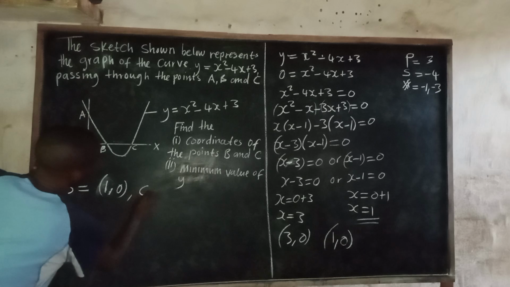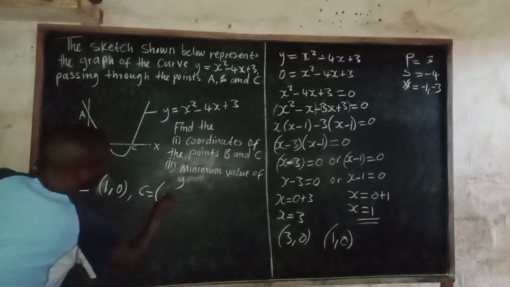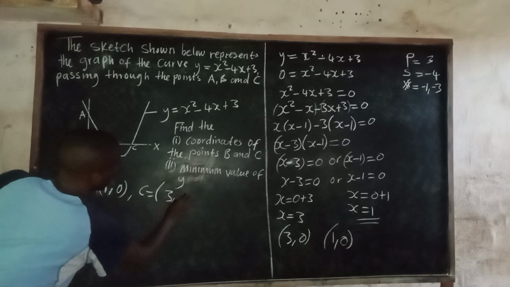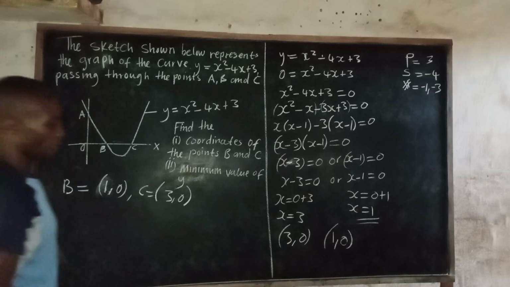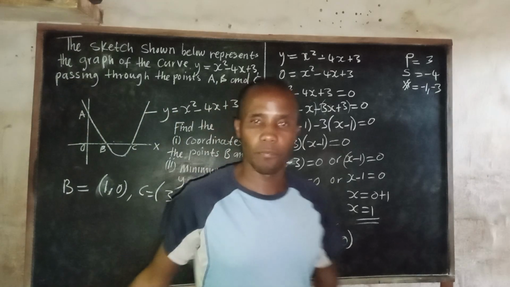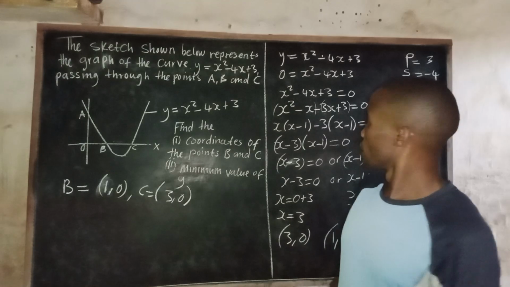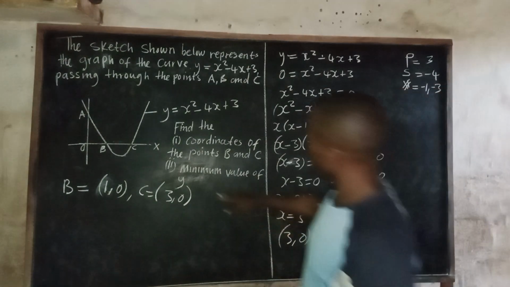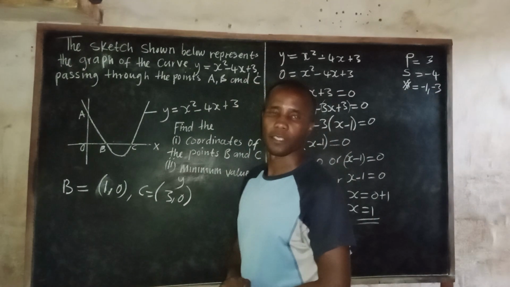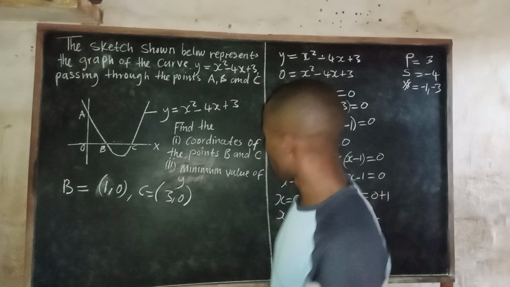Then C equals 3, 0. So these are the coordinates of the given graph. Now from there we go to the last part of our question, which is also very simple.